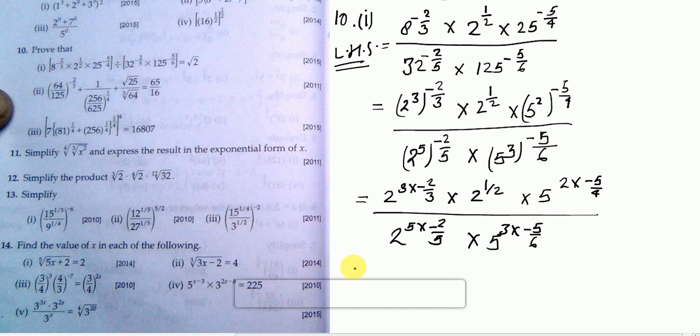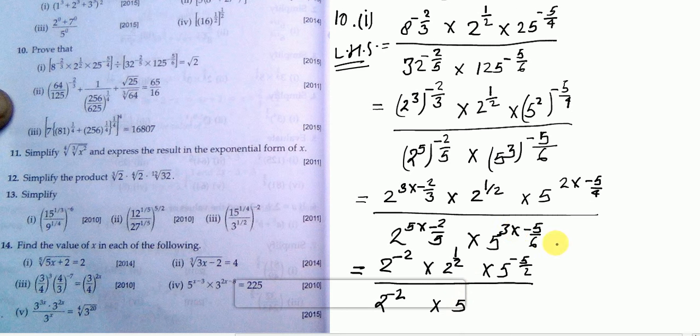So 2 raised to the power 3, 3 cancel out, minus 2 into 2 raised to the power 1 by 2 into 5 raised to the power minus 5 by 2, 2 to the 4, 2 raised to the power minus 2 into 5 raised to the power 3 to the 6, minus 5 by 2. And this is same.